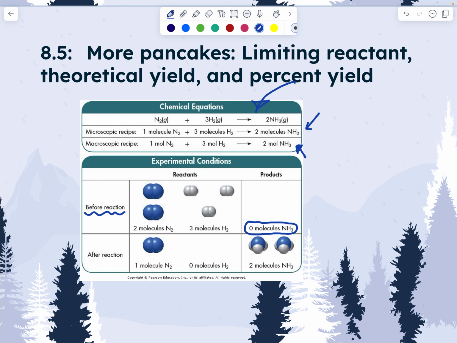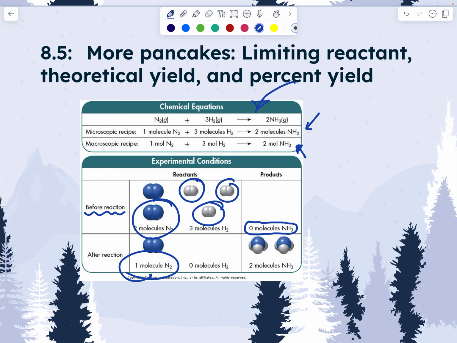And then after the reaction takes place, look at what happens. I used up all 3 of my molecules of hydrogen. I used up one molecule of nitrogen, so I have 1 molecule of nitrogen left over, and I have 2 molecules of ammonia as my product.